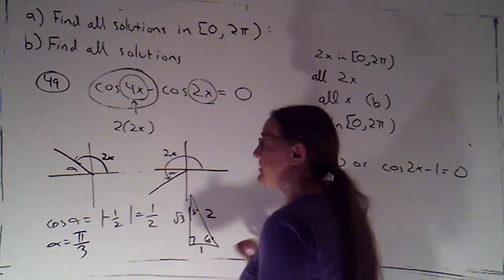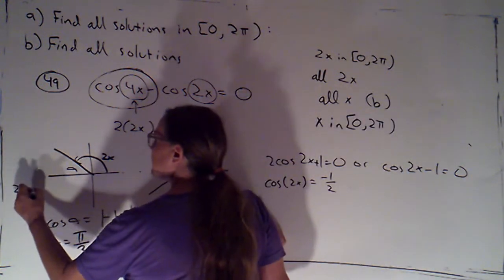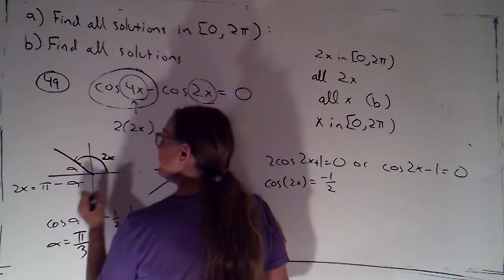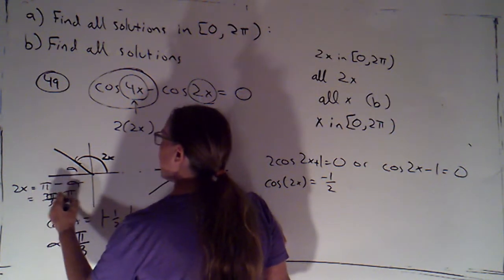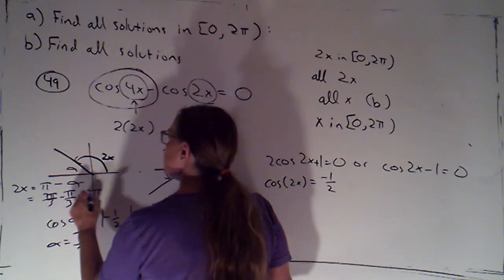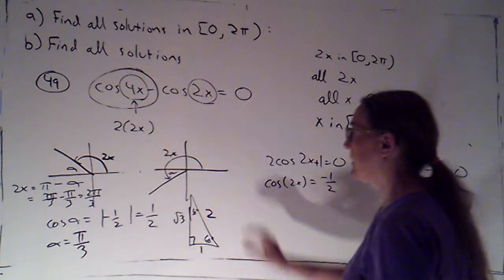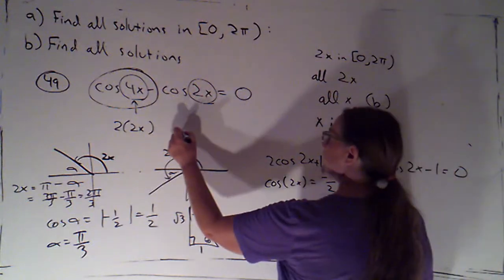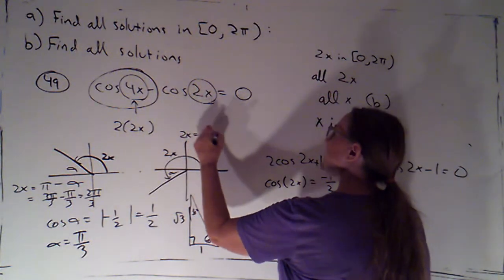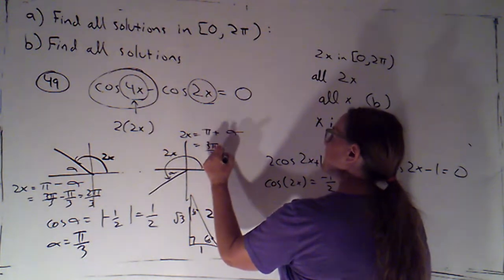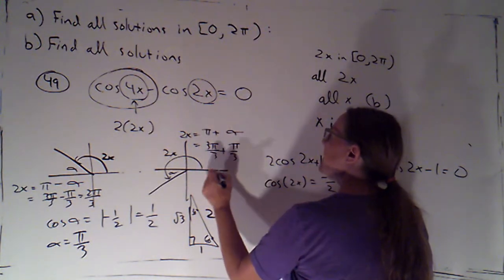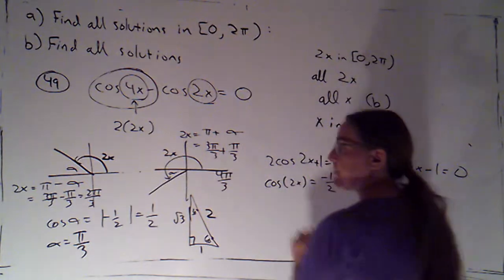Now for this picture, I've got that 2x is pi minus alpha, so that would be 3 pi over 3 minus pi over 3, so that would be 2 pi over 3. For this picture, I've got that 2x is pi plus alpha, so that's going to be 3 pi over 3 plus pi over 3, so that's 4 pi over 3.